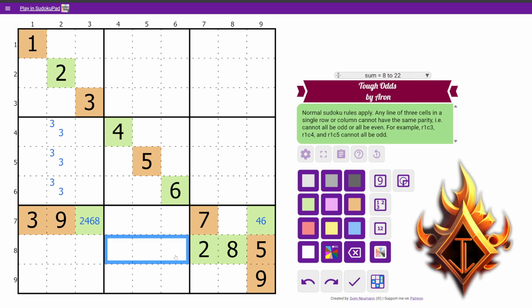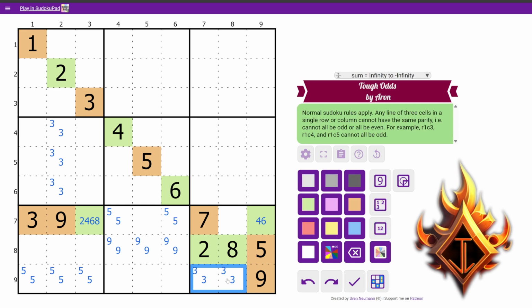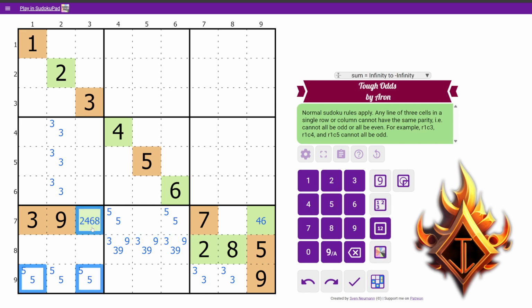There's a 3 in there, there's a 9 in here, there's a 5 down here, there's a 5 in one of those, there's a 3 down here, 3 there, a 2 can be in any of those.